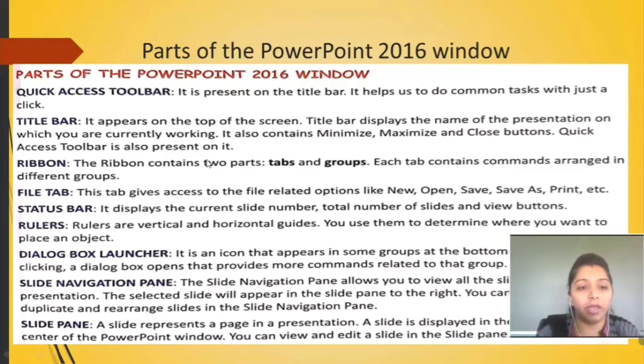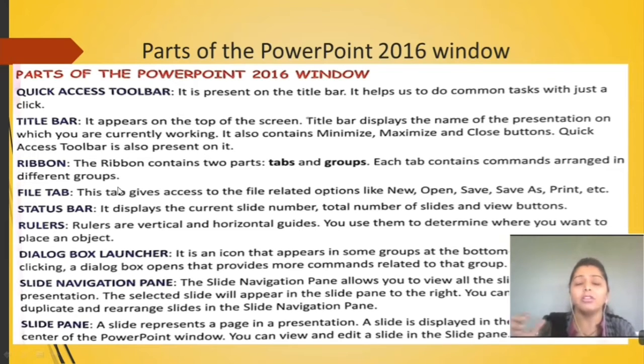Moving on to next, ribbon. The ribbon contains two parts, tabs and groups. Remember this, okay? Underline it in your textbook while watching the video. Each tab contains commands arranged in different groups.